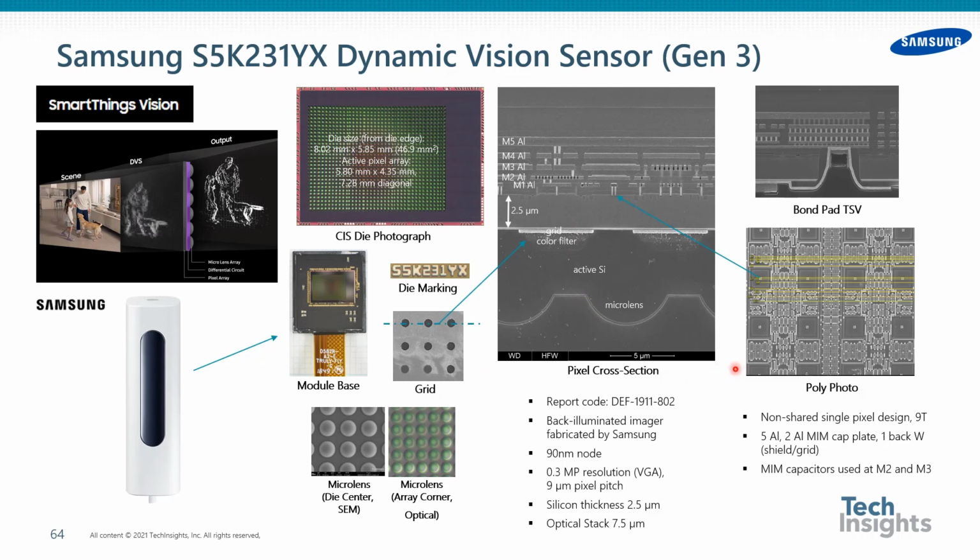And we also show the polyphoto of the pixel structure. This is a planar photo. So basically this is a back illuminated sensor. It's a 19 nanometer node, 0.3 micron resolution. It's a 9 micron pixel pitch, as we stated, and the silicon thickness is 2.5 microns thick.